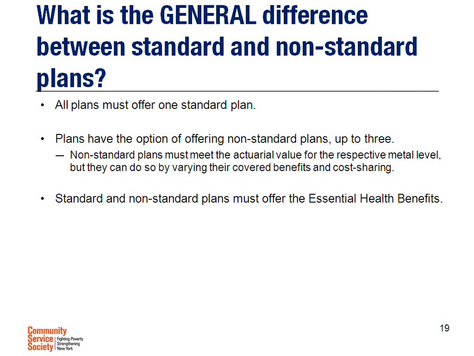So an insurer might say, we have our standard product, and for my non-standard plan, I'm going to offer acupuncture. But if I'm offering acupuncture as an added benefit, instead of having a set co-payment for PCP visits, I'm going to put a percentage that the client may be liable for. So they have to play around, but at the end of the day, the value to the client should be the same.